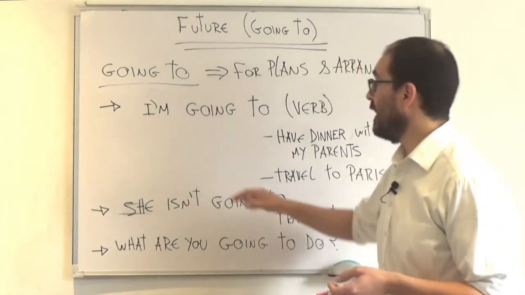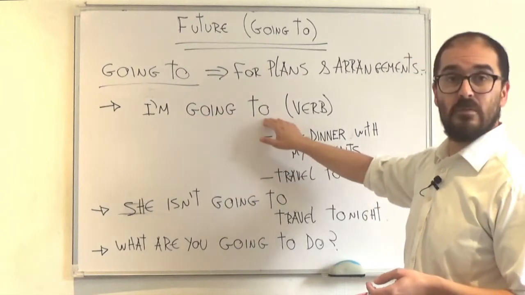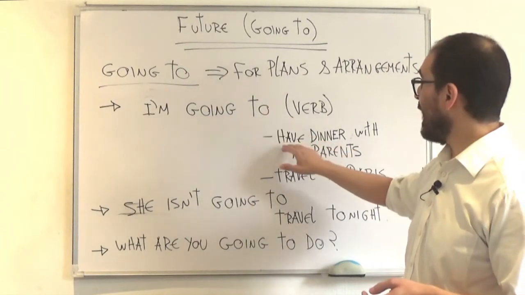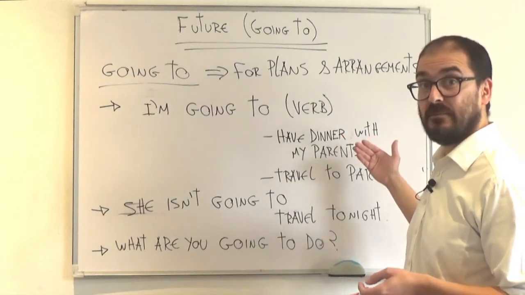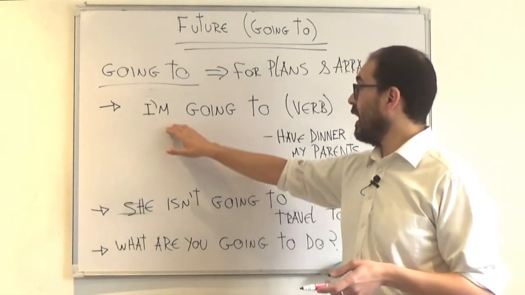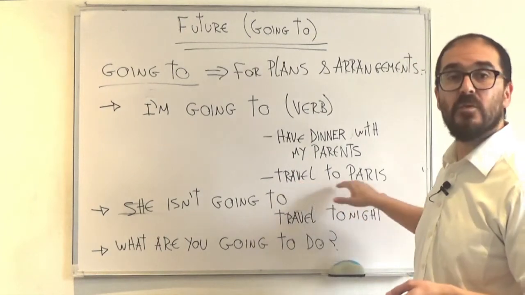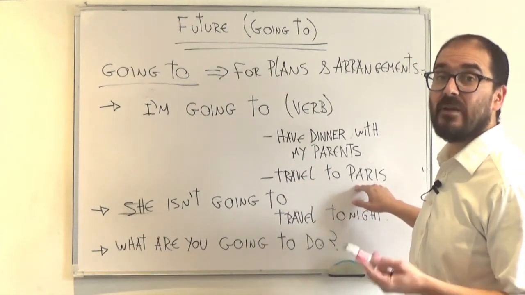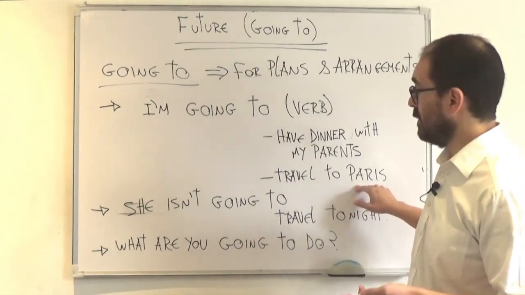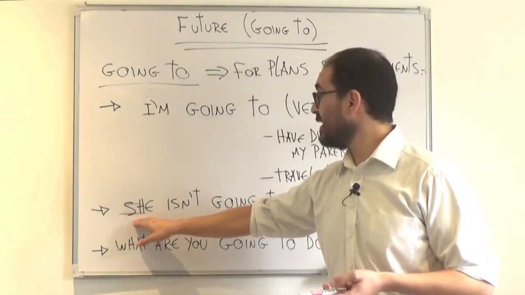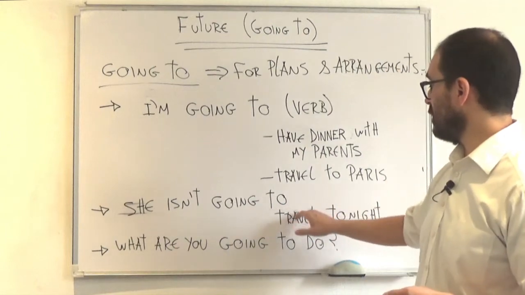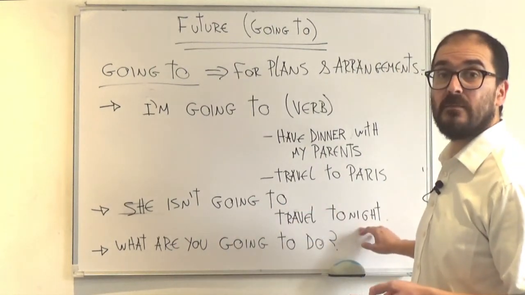I can say, I'm going to, and then I use a verb, have dinner with my parents. This is also a plan now. I'm going to travel to Paris instead of I'm traveling to Paris next week. And we are going to use it in a negative way, saying she isn't going to travel tonight.